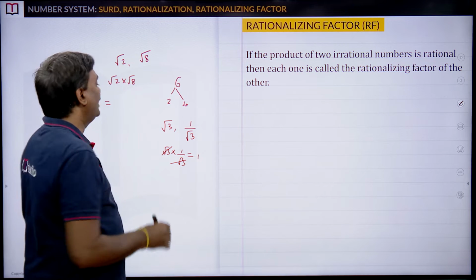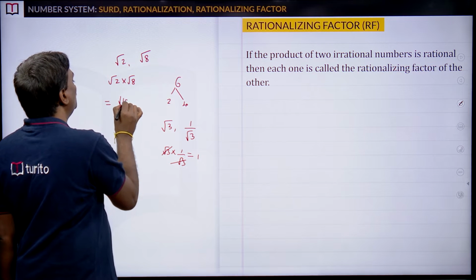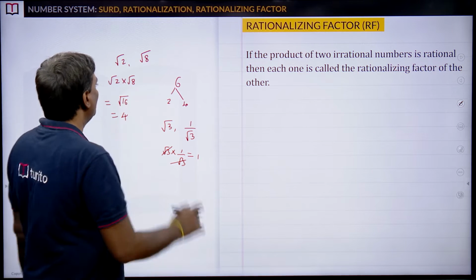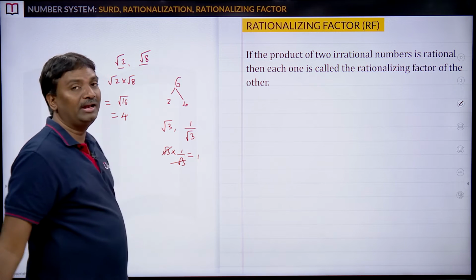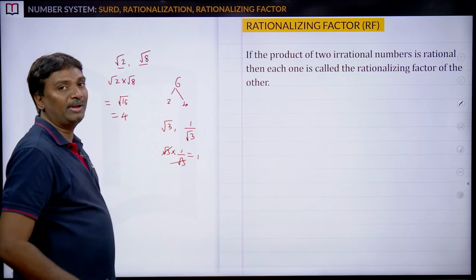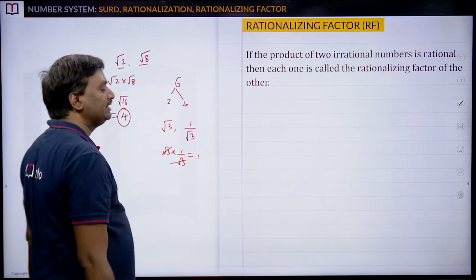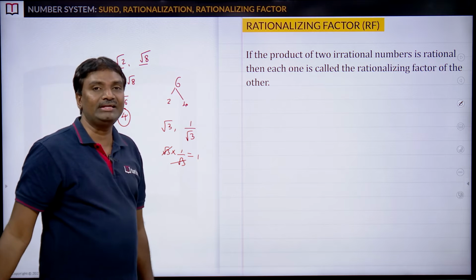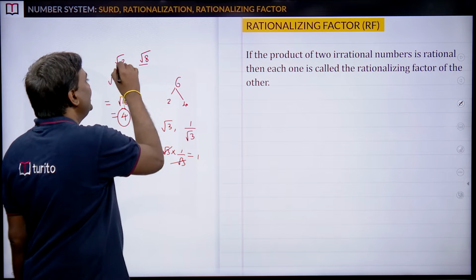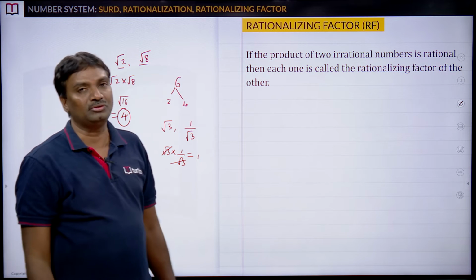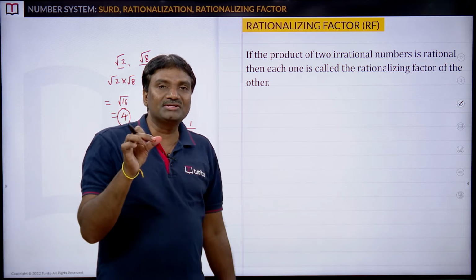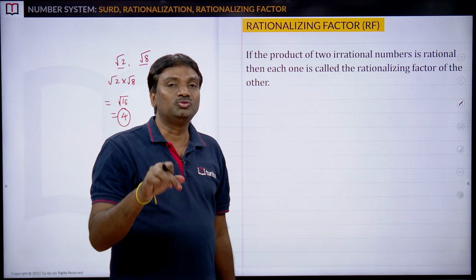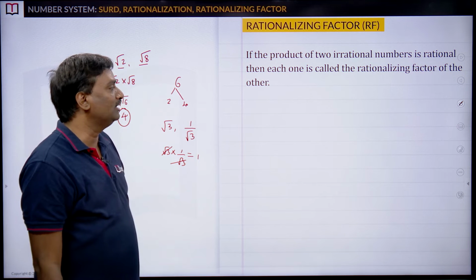So, we can write under square root 2 into 8 equal to 16, but we know root 16 equals 4. Root 2 and root 8 are different irrational numbers, but by multiplying them we got the rational number 4. That is why we can say root 2 is the rationalizing factor of root 8 and root 8 is the rationalizing factor of root 2. So, if the multiplication of two irrational numbers is a rational number, then those two are rationalizing factors of each other.